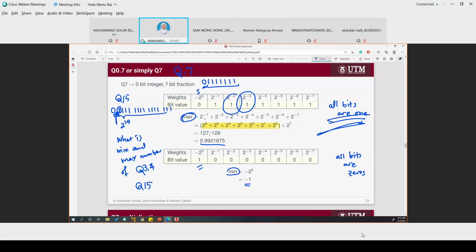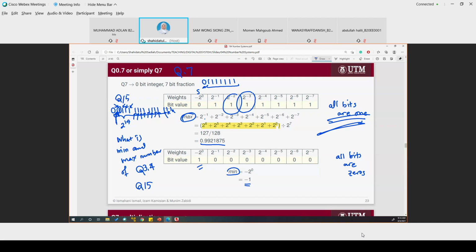This is 2 to the power of 14 because from here we have 2 to the power of 0, 2 to the power of 1, 2 to the power of 2, and so on up to 2 to the power of 13 and 2 to the power of 14.